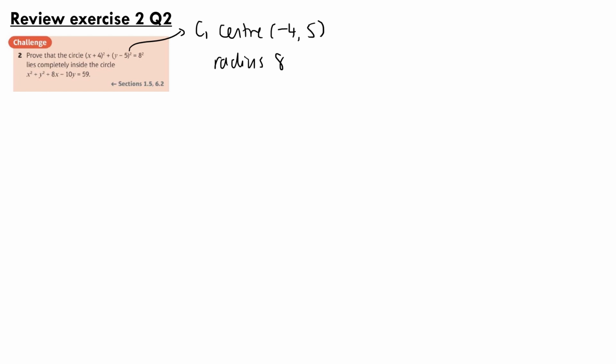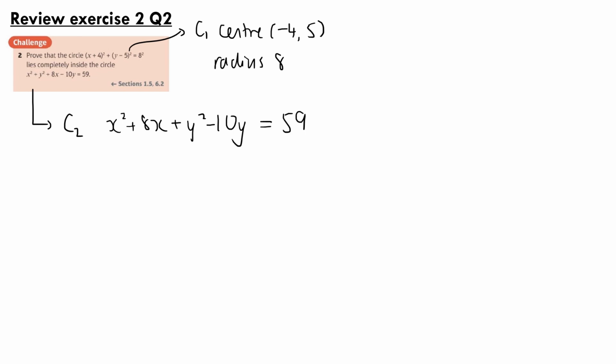And now if we look at our second circle, if we call this C2, to find the center and the radius of this circle, we have to complete the square to get it into the form (x plus a) squared plus (y plus b) squared is equal to r squared. So completing the square on the left hand side, if we group together the x and y terms, so x squared plus 8x plus y squared minus 10y is equal to 59.